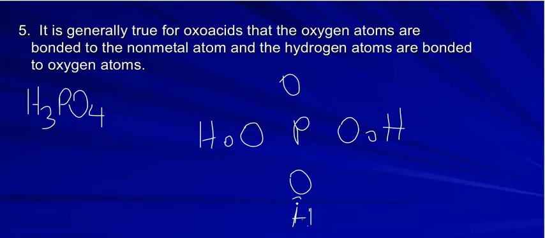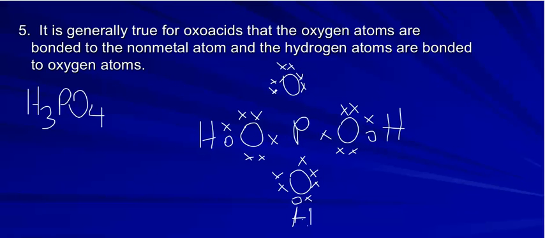Hydrogen has 1. Then you do the oxygens, 6. And then P has 5 valence electrons. So this compound works out nicely with all single bonds.